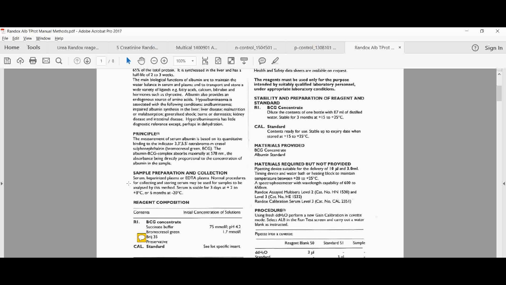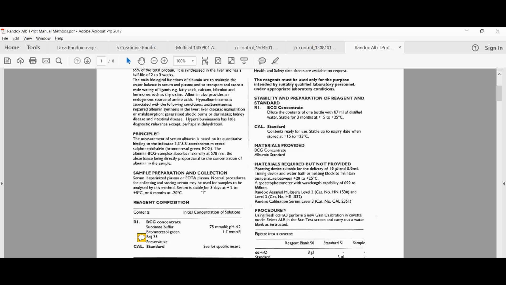Here it tells you the type of sample that you can use with this method, and in this case it is serum, or you can use heparinized plasma or EDTA plasma. Heparinized plasma is the green top tube, EDTA plasma is the purple top tube. And then it says normal procedures for collecting and storing serum may be used for analysis of this method.